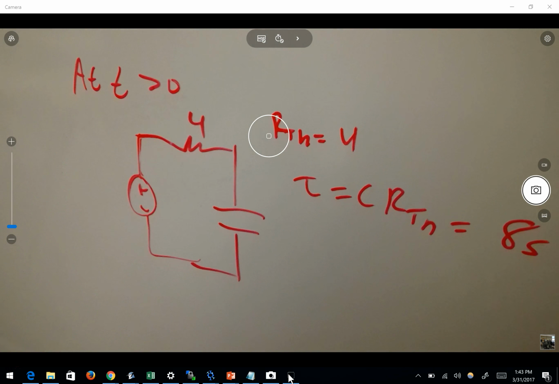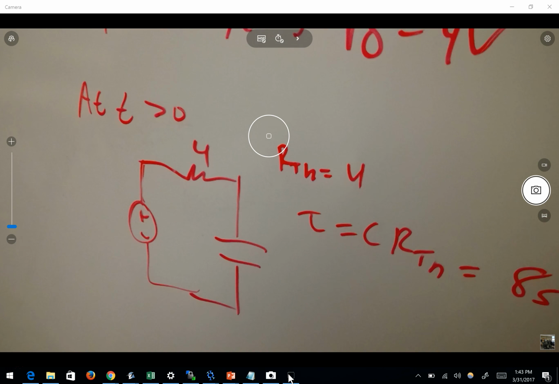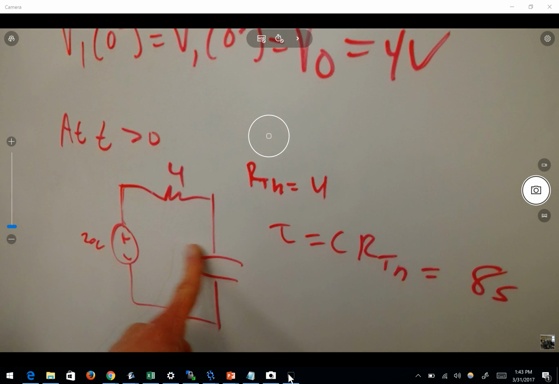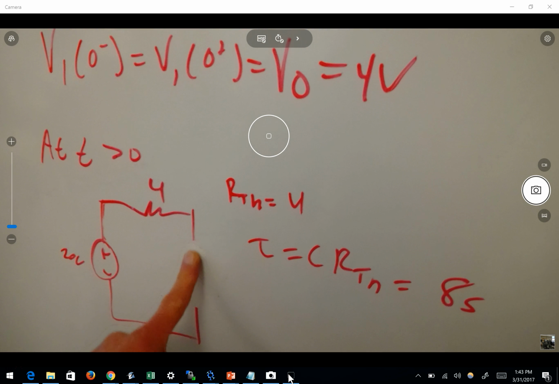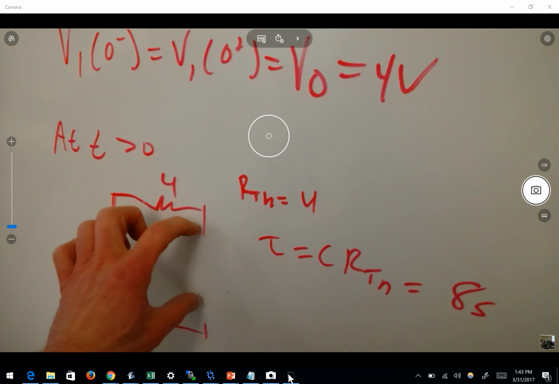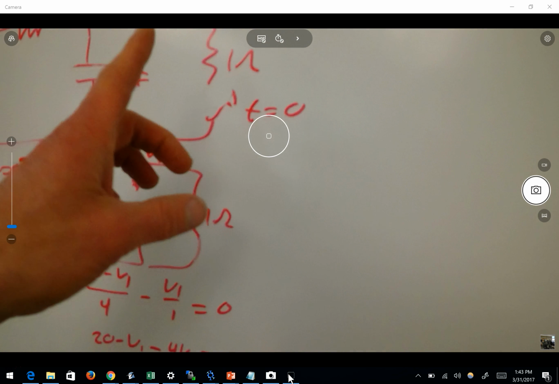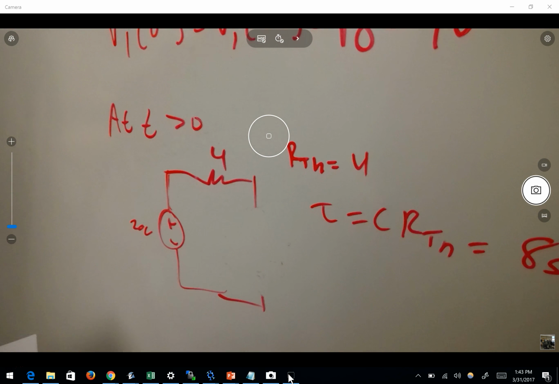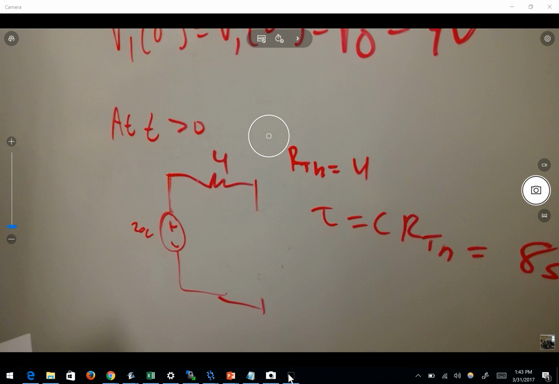Would it be the 4 volts then? No, it's 20 volts. That switch has disconnected that 1 ohm resistor, so that's not a factor anymore. The voltage across that open circuit is 20 volts, so that's your V infinity.